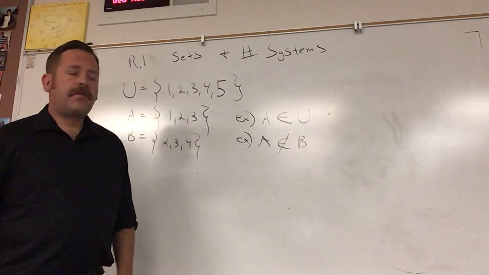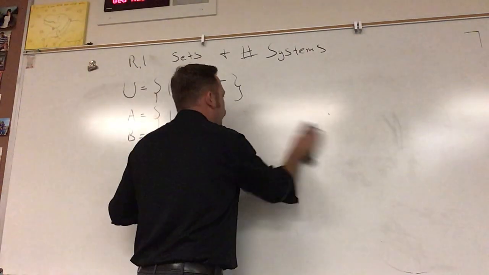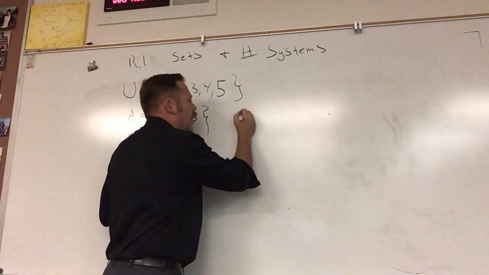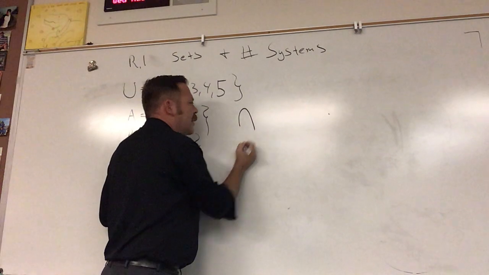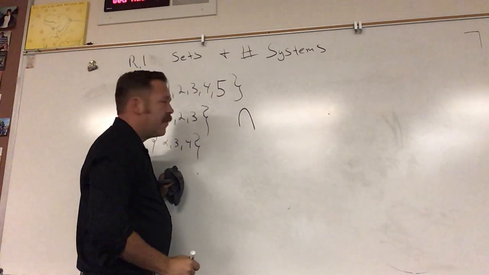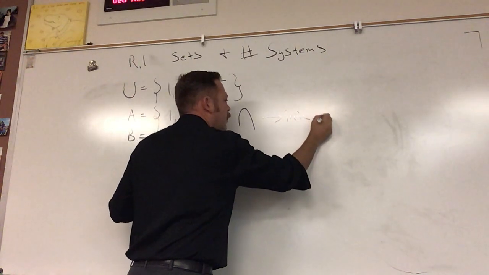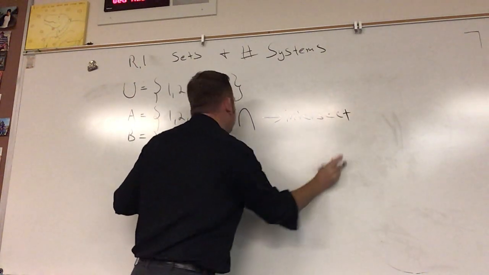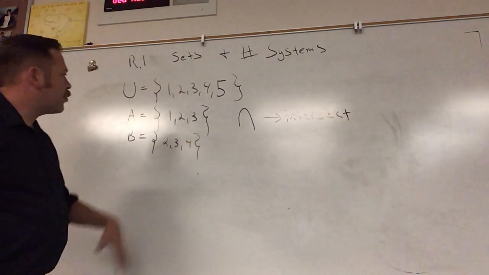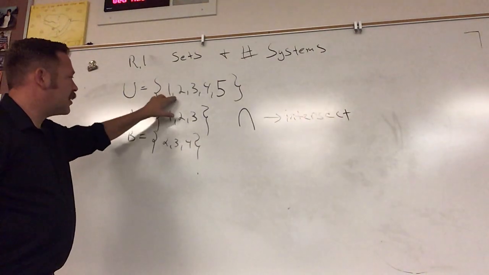Let's look at some other symbols. The next symbol I want to look at is like an upside down U. That is a symbol for intersect. So an intersection is when elements exist in two different sets.